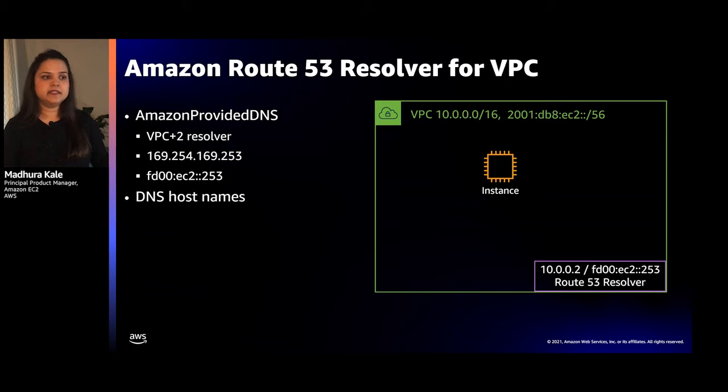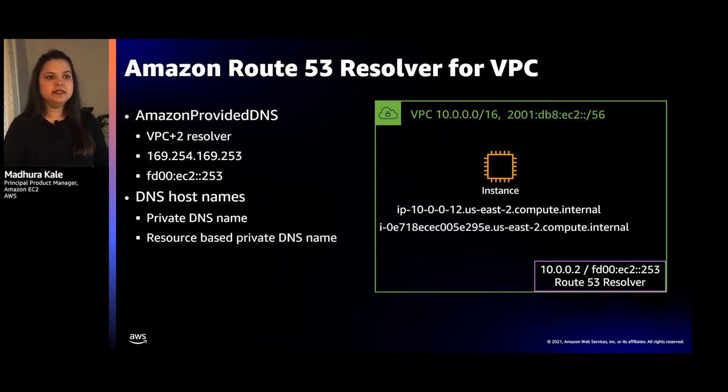DNS host names. The private DNS name comes with every IPv4 and dual stack instance, and it's IP-based as defined here. A second type of host name that launched recently is a resource-based private DNS name. Instead of IP-based, this one has the instance ID in it, and it resolves not just to the IPv4, but the IPv6 address as well.